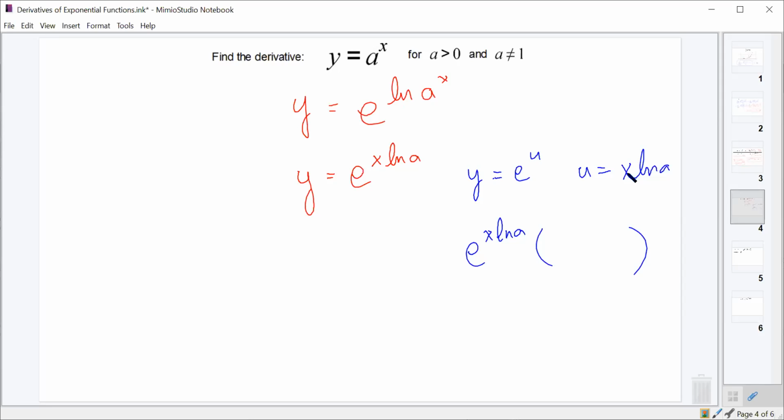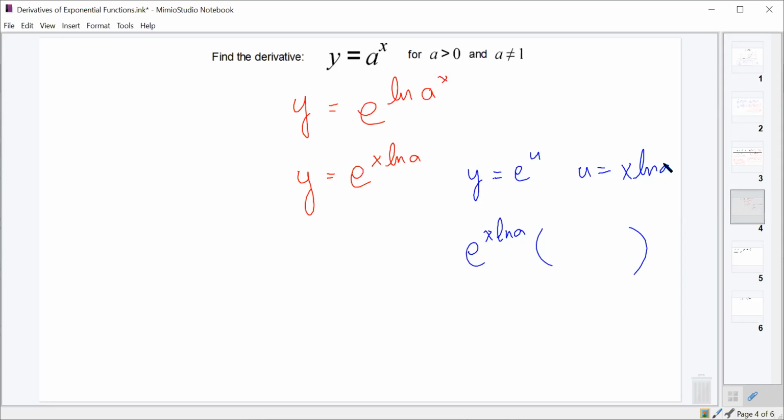All right. What is natural log of a? What is a? Would the derivative just be 1? Nope.